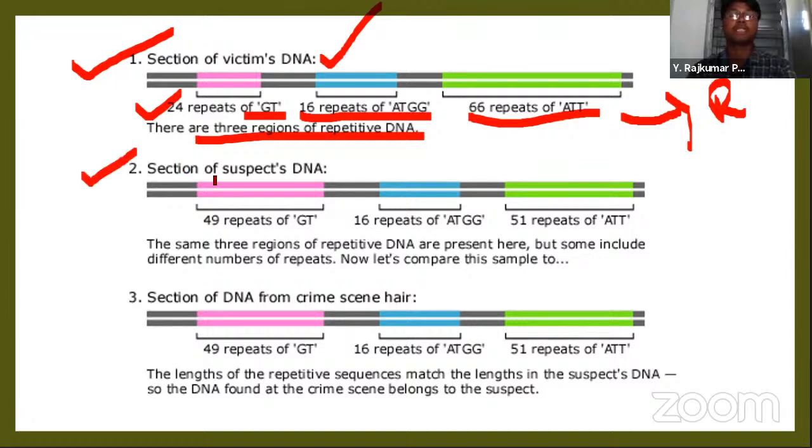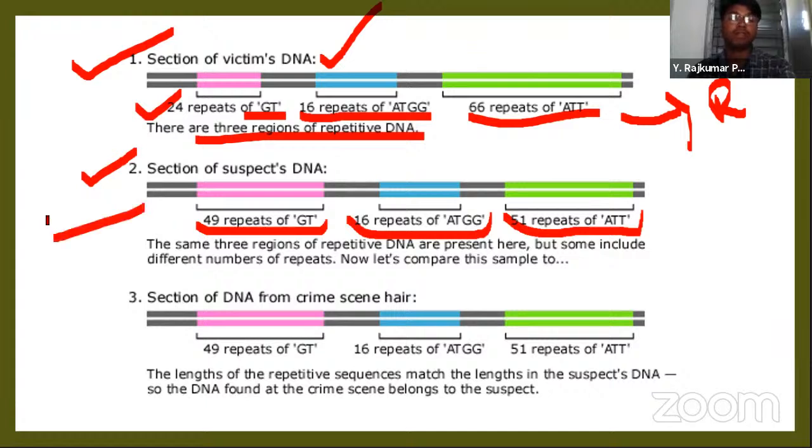Let's take this as a base. And let's see the suspect's DNA. The suspect has 49 repeats of GT, 16 repeats of ATGG and 51 repeats of ATT. So he is one of the suspects of the crime. And third is the crime scene hair, that means the murderer's hairs.